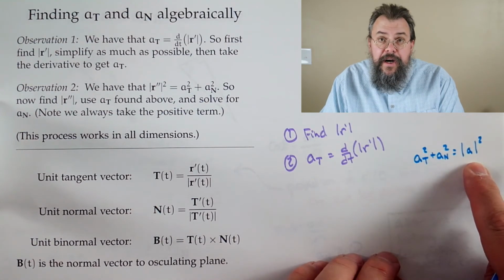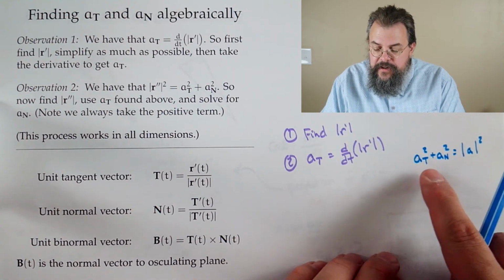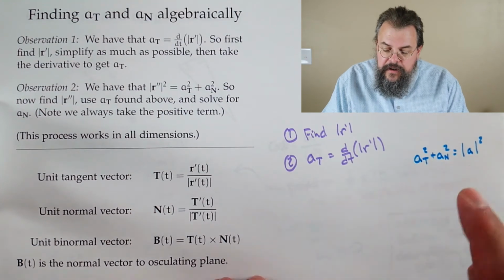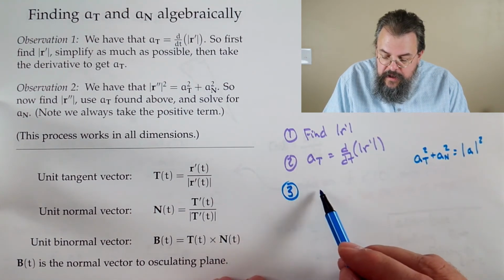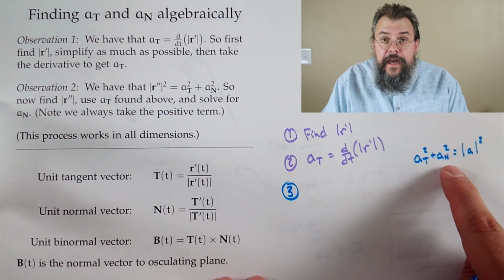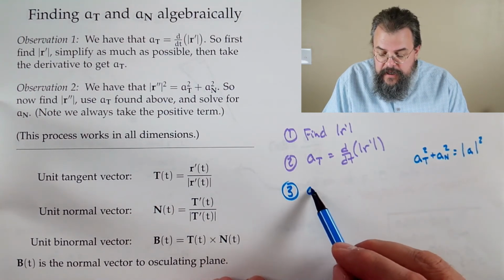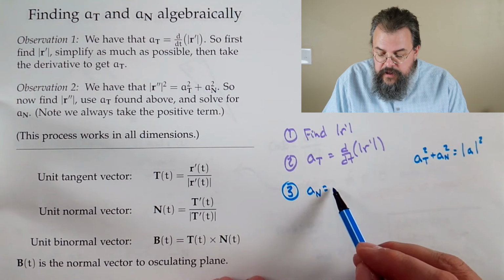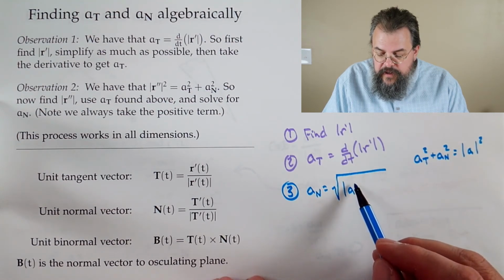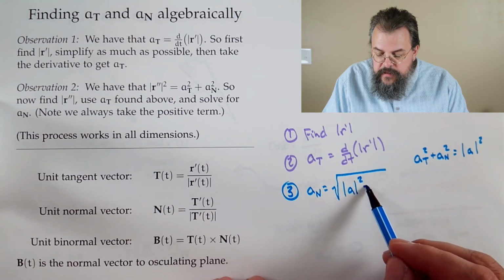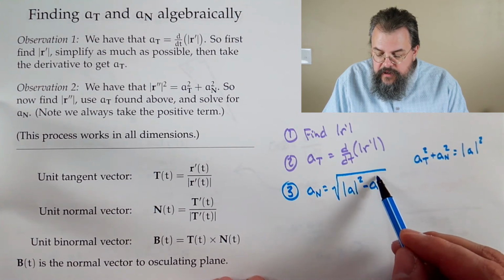That's our hypotenuse, and these are the other legs. So now step 3 says, perfect, I can now solve for a sub n. So a sub n is equal to the square root of the magnitude of acceleration squared, minus what you just found, squared.